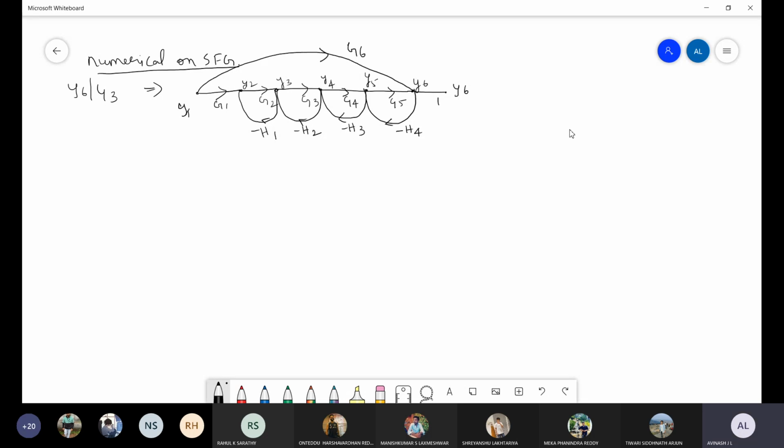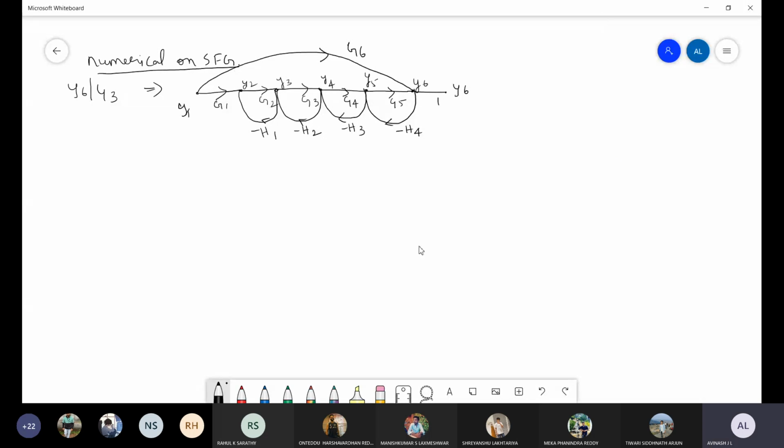So this is the signal flow graph they have given.